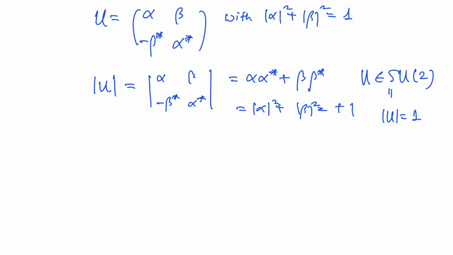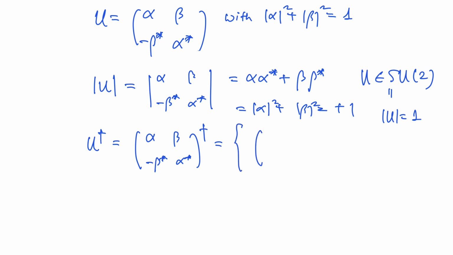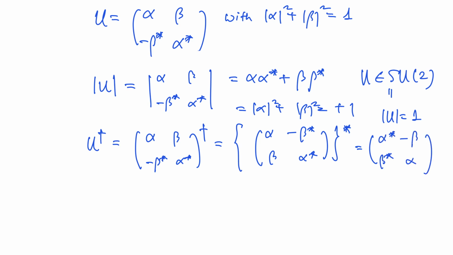So now check whether this is unitary or not. What about U dagger? U dagger is the transpose and complex conjugate. You first transpose: alpha, minus beta conjugate, beta, alpha conjugate, and then take the complex conjugate. So this is alpha conjugate, minus beta, beta complex conjugate, alpha.